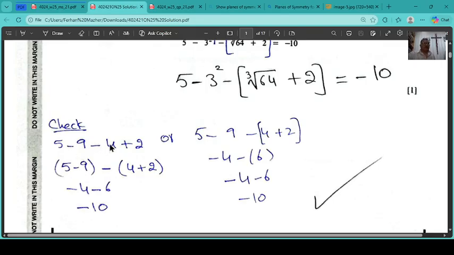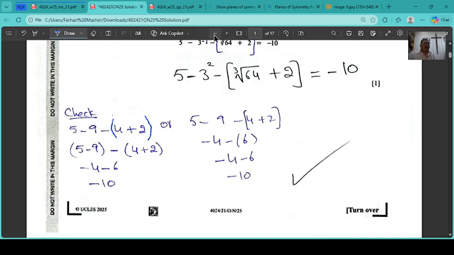So you should put a bracket here. This is the check. I think that you understand this.